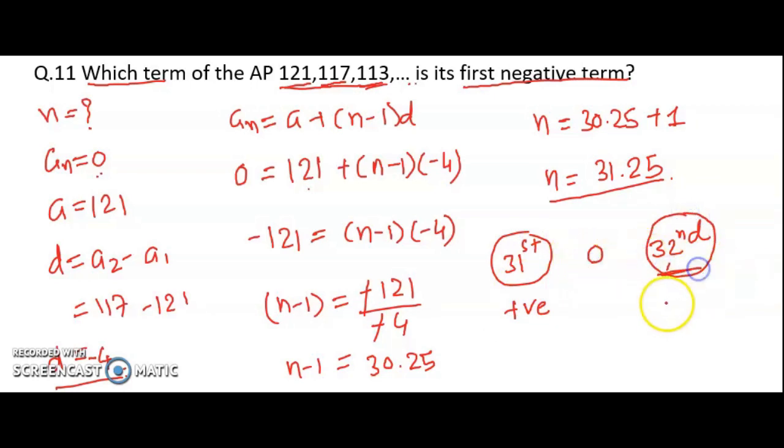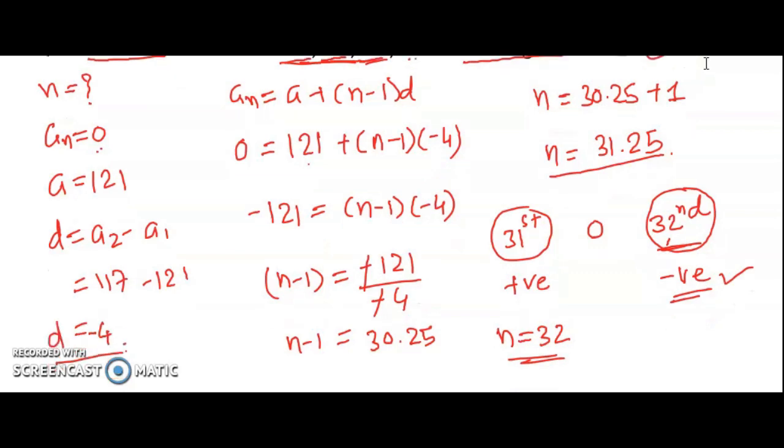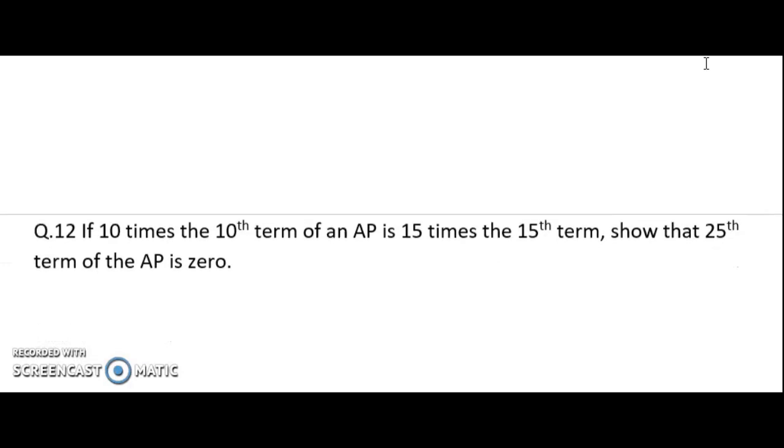So the 32nd term will be its first negative term. So our answer is n equal to 32 will be the first negative term of this arithmetic progression. See the beauty of this question. Let's see the next question.